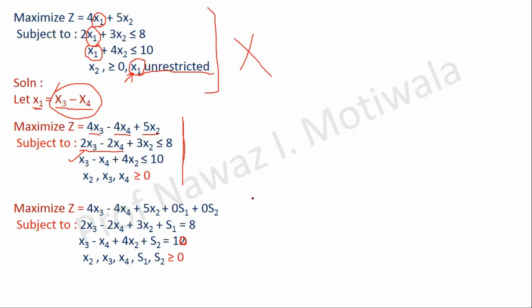So here also I have done the same. I have replaced this x1 with the difference of two new variables, x3 and x4, where x3 and x4 will also be greater than or equal to 0. By doing this, I have converted the unrestricted variable to a restricted variable.